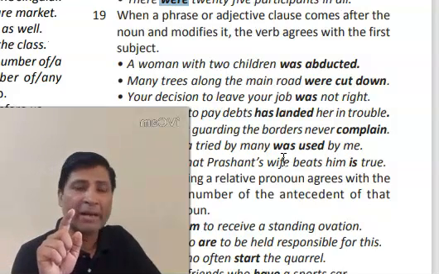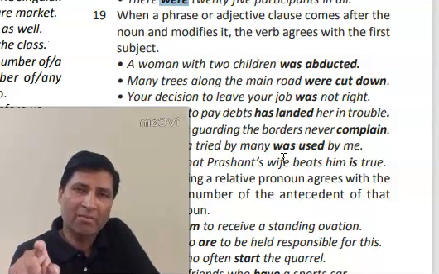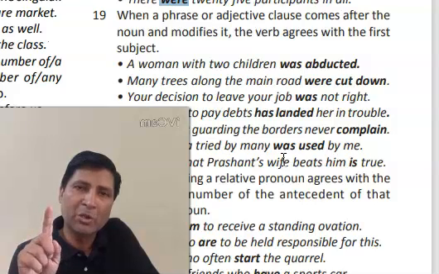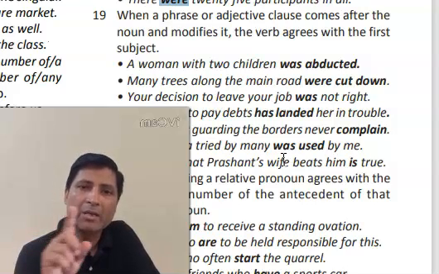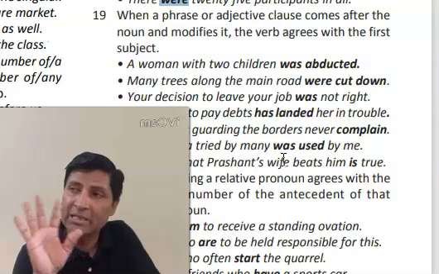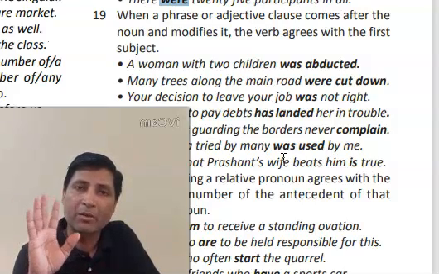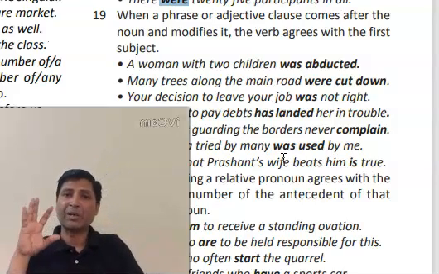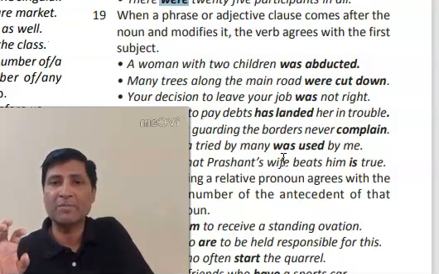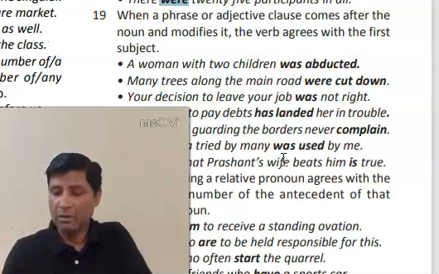So if you get mastery of rule number 19, you can understand the sentences framed in newspaper editorials by those great journalists or opinion makers. So what does it mean when a phrase or adjective clause comes after a noun and modifies it? Let me explain it.